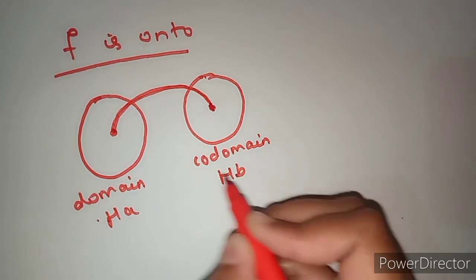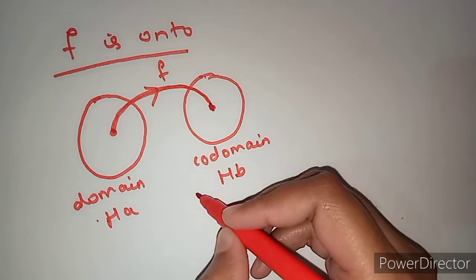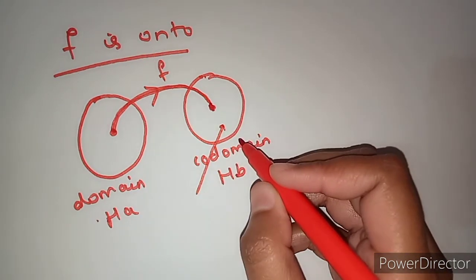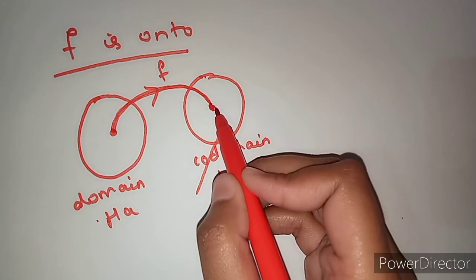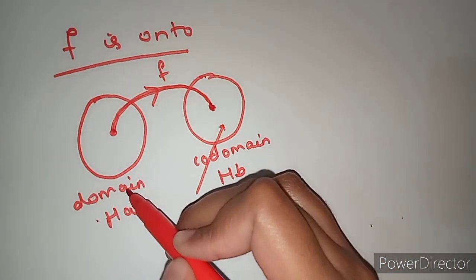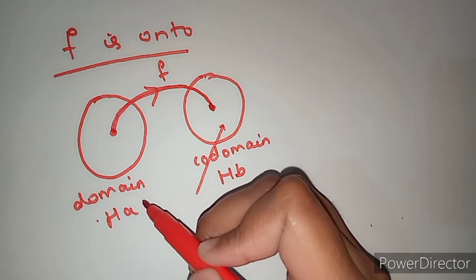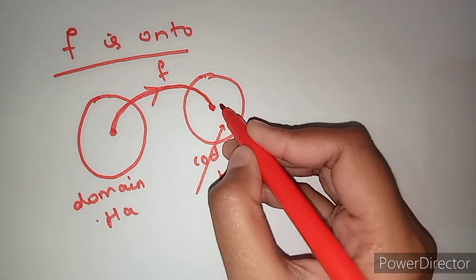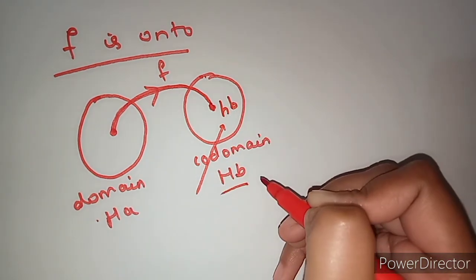Every element in the codomain should have a pre-image. Here the domain is Ha and the codomain is Hb. The mapping is f. So, we have to take one element in Hb and show that it has a pre-image in the domain Ha. Then the function is onto.